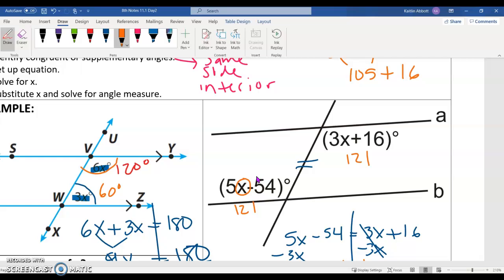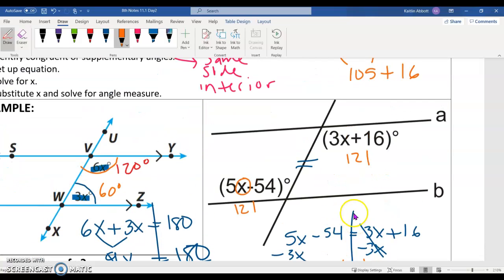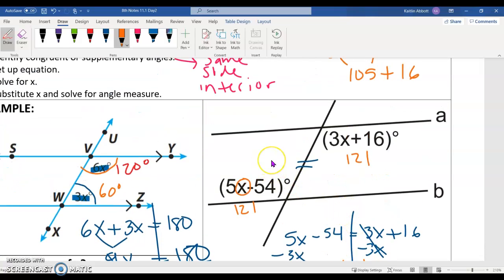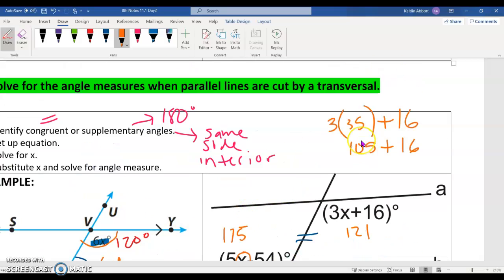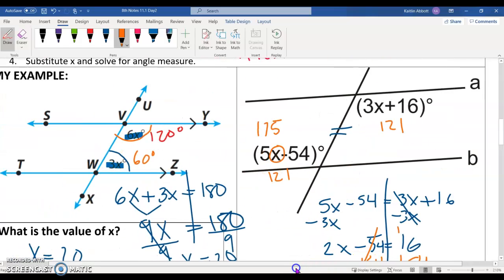But if you don't believe me, we could do 5x, 5 times x, which is 5 times 35. So in the calculator, 5 times 35 gets me 175. And minus 54. So 175 minus 54 gets me 121. If you don't believe me, you can type in your own calculator, but they are equal to each other. And so that's how you figure out the measure. It's a lot of algebra mixed with some geometry going on.